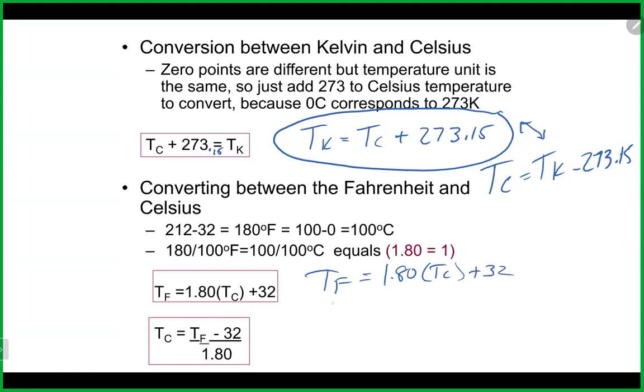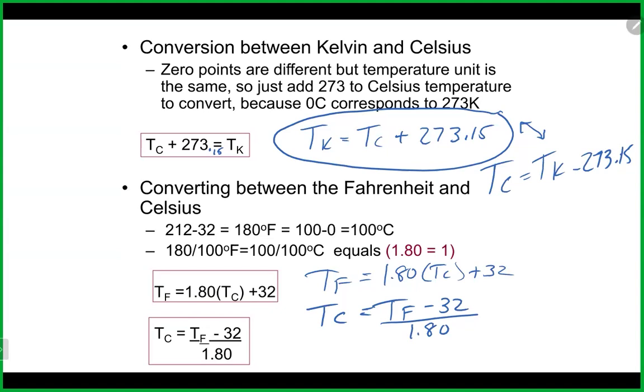If we want the temperature in Celsius, we subtract 32 from the other side, which gives us the temperature in Fahrenheit minus 32, and then we divide by 1.8. Now, 1.8 is that 180-degree difference between melting and freezing. You may have learned it as 9/5, same conversion, which will give you that 1.8.